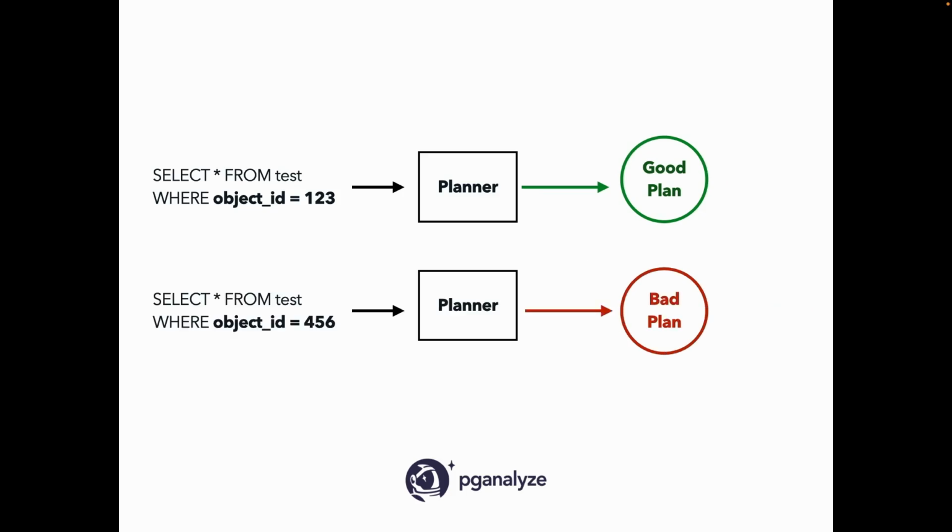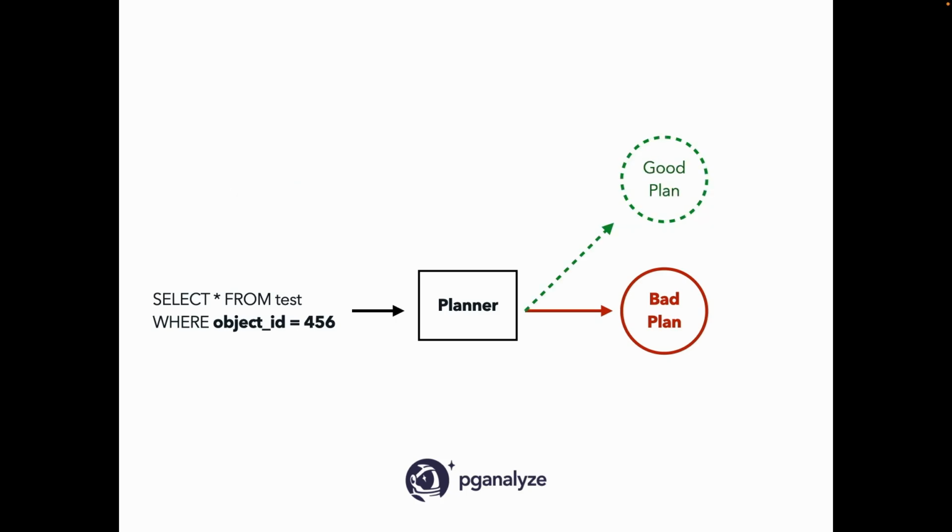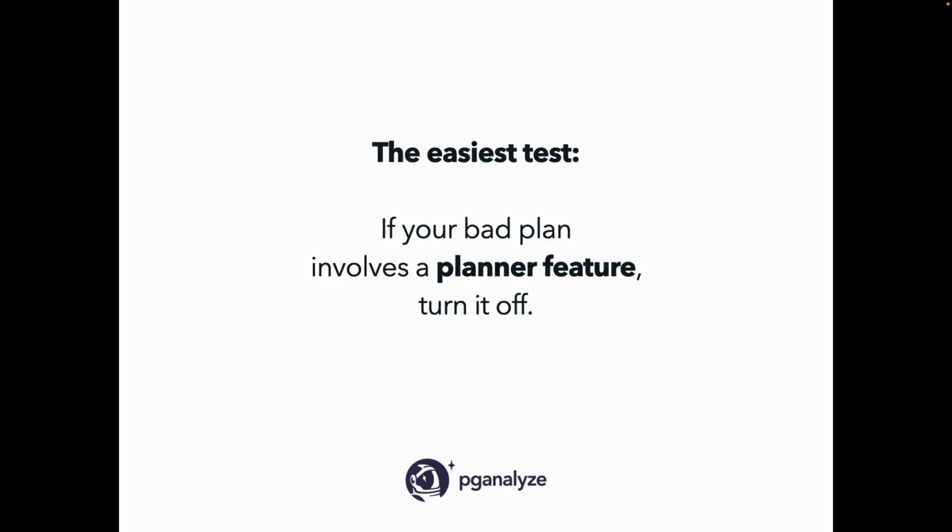Now, suppose object ID 456 goes into the planner and gives us the bad plan. Why does it do that? Well, it thought about the good plan as well, but the problem is the cost of the good plan was higher. The cost of the plan that we wanted, that would have actually had better runtime behavior, was 500 in this example, versus the bad plan that had worse runtime behavior but a lower cost of 300. This is very important to understand when you're trying to improve query plans.